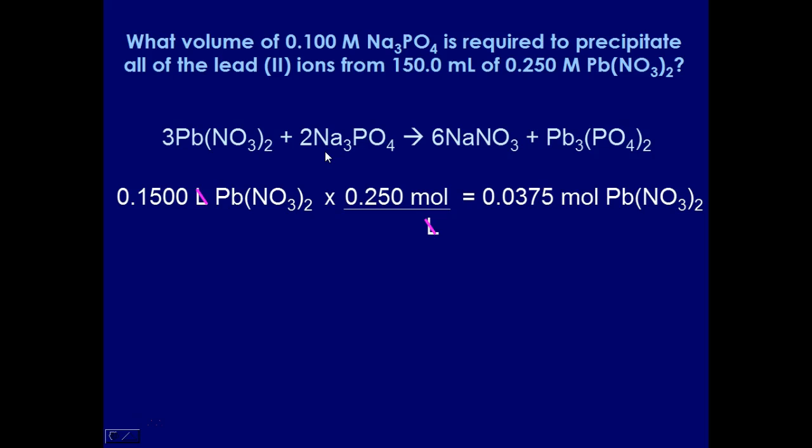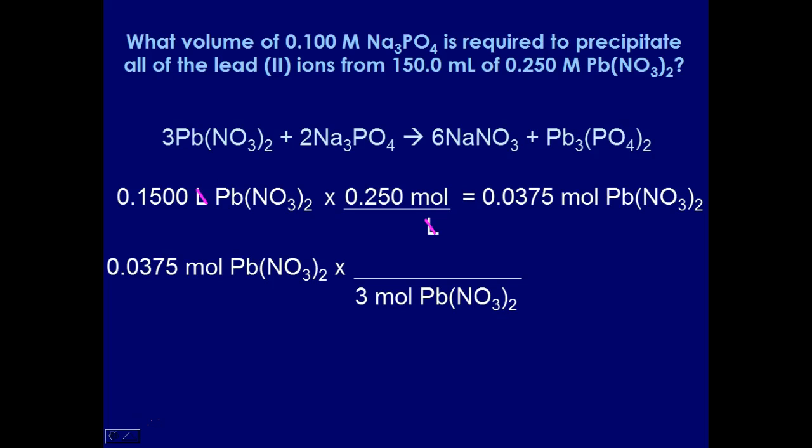So with that in mind, I can take the moles of the lead-2 nitrate I have and figure out exactly how many moles of sodium phosphate I would have needed to neutralize all of that lead-2 nitrate. And because it's a 3-to-2 ratio, when I get done with the math for this, I see that I would have 0.025 moles of sodium phosphate that would be necessary to consume all of the lead-2 nitrate.